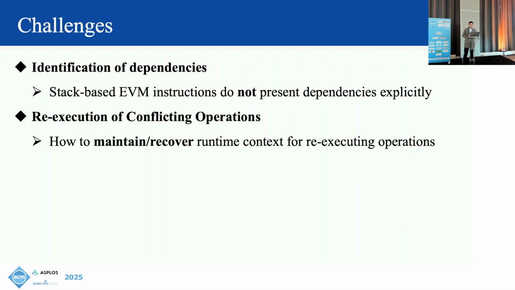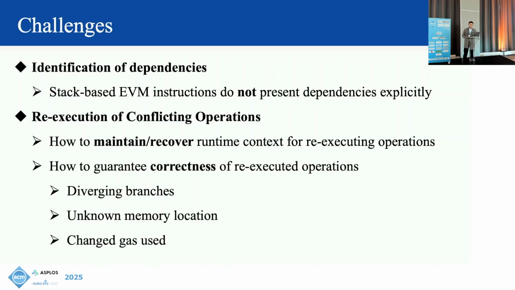Second, when re-executing only a subset of operations, we need to reconstruct the exact runtime context, including stack, memory, and persistent storage. Otherwise, the re-execution cannot proceed. Third, we must preserve correctness in the presence of diverging control flow paths, unknown memory accesses, and instructions with dynamic gas costs, which may change depending on the runtime context.